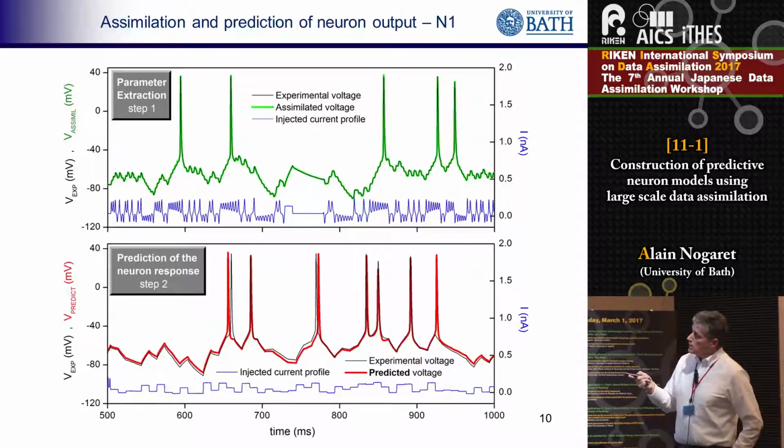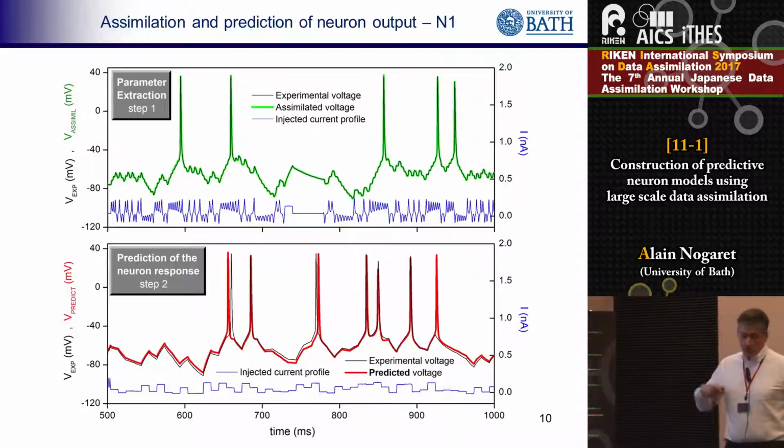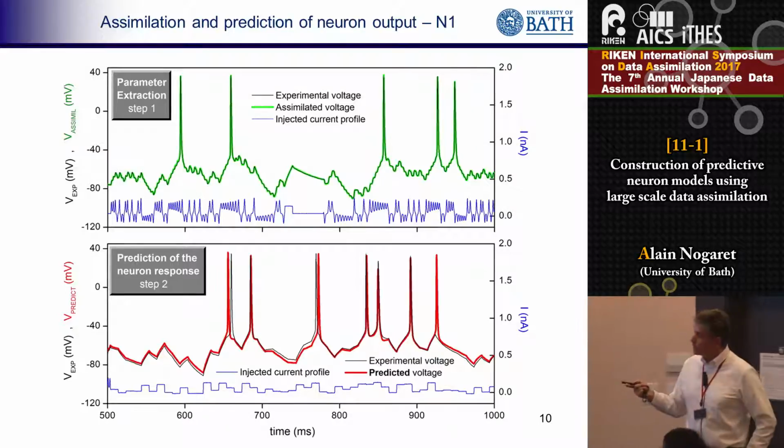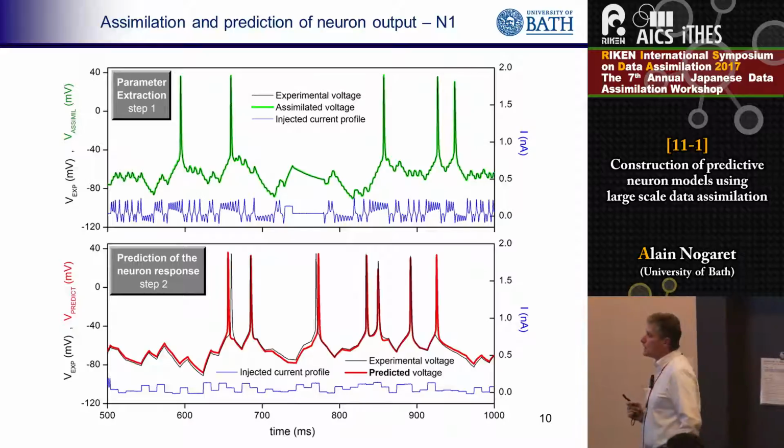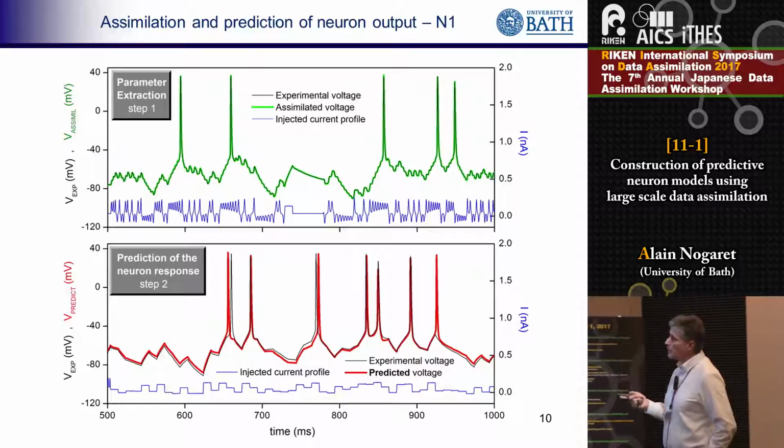When the assimilation has converged, when the model is synchronized to the data, the variable y1 is described by the green curve. The green curve will give you the parameter solution.